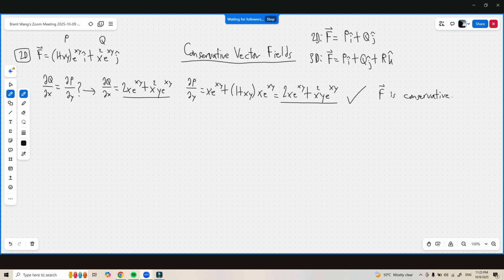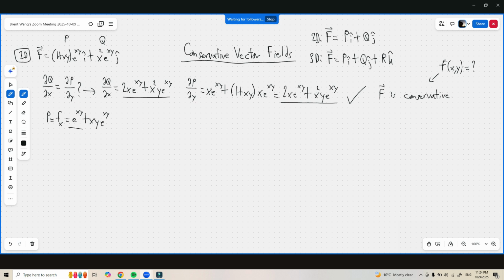So now let's find the scalar function f of xy. P is equal to f sub x, which is equal to, expanding this bracket, e to the power of xy plus xy e to the xy.